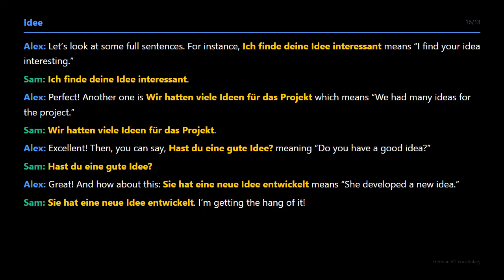Let's look at some full sentences. For instance, Ich finde deine Idee interessant, means I find your idea interesting. Perfect. Another one is: Wir hatten viele Ideen für das Projekt, which means we had many ideas for the project.